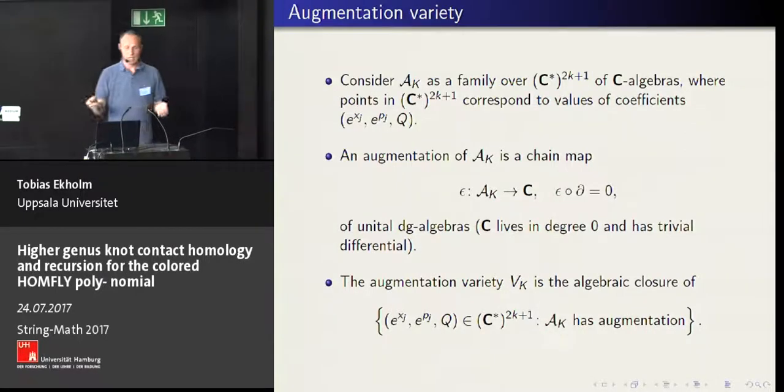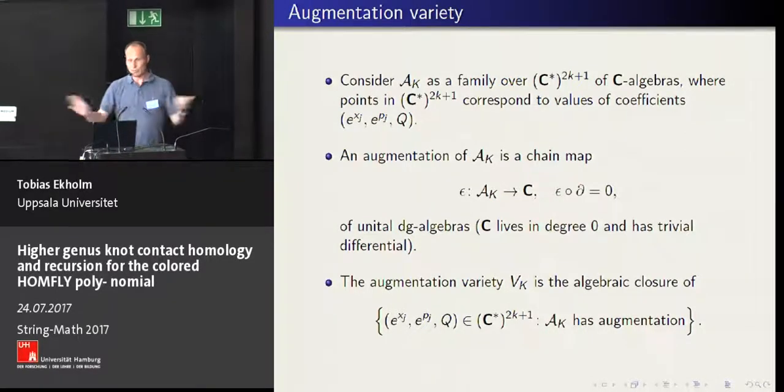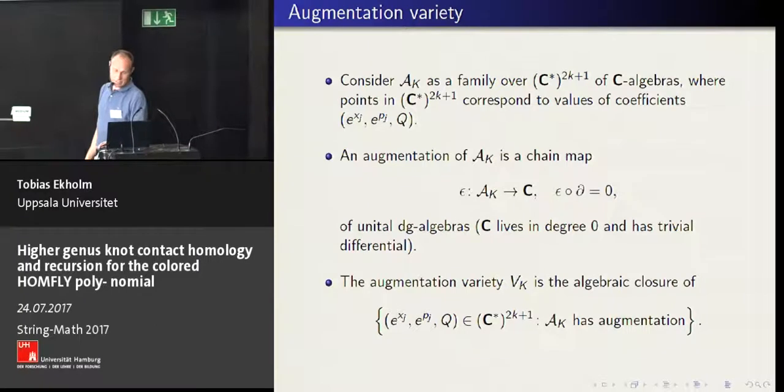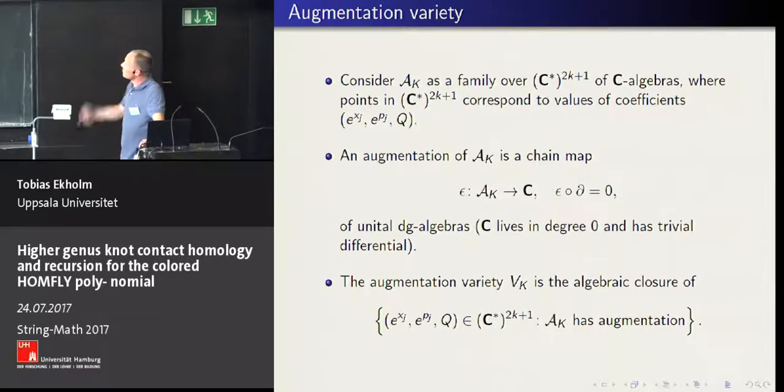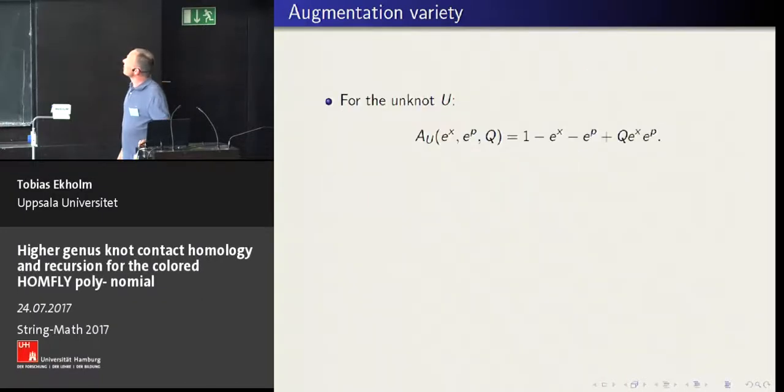So this is the interesting locus, and we take its algebraic closure. So this is the augmentation variety that is in fact related to this algebraic variety coming from the HOMFLY polynomial. Okay. So let's see what we get.